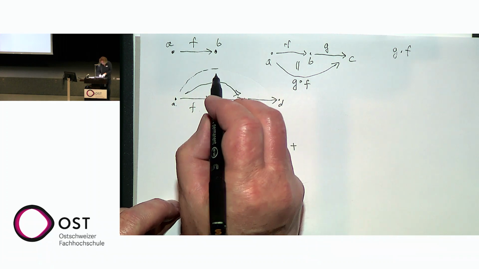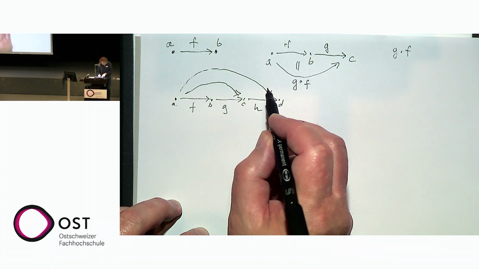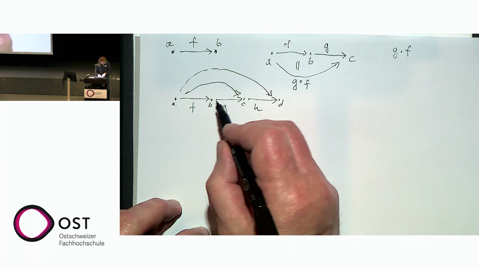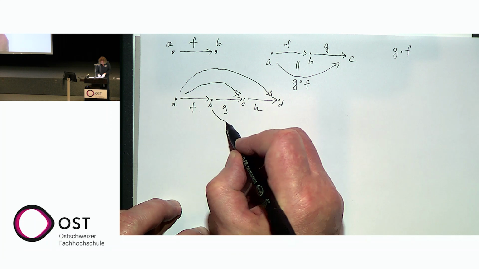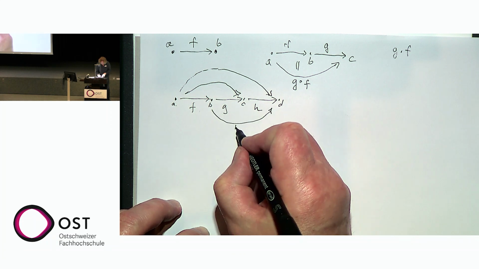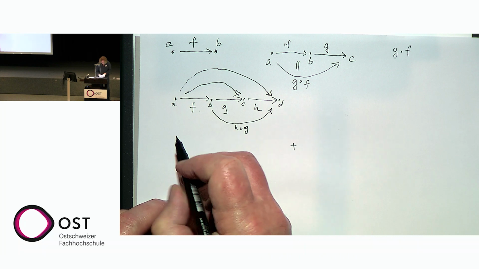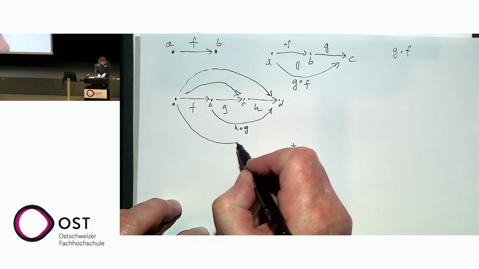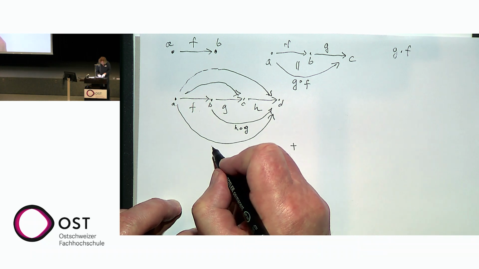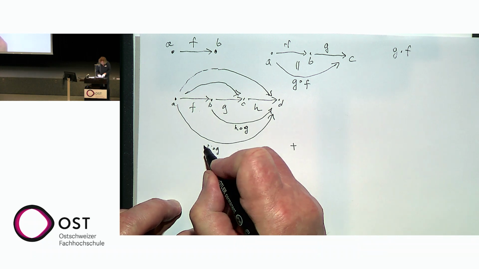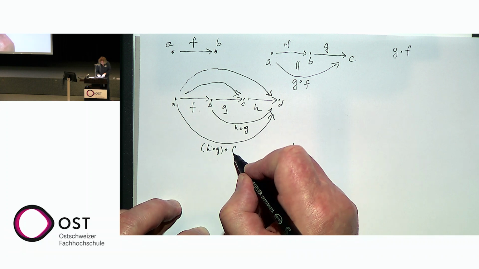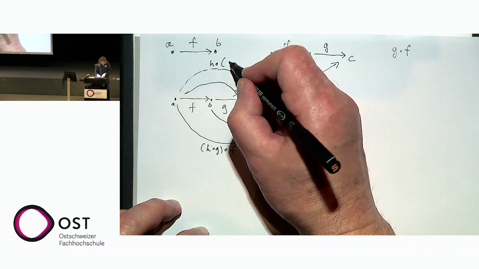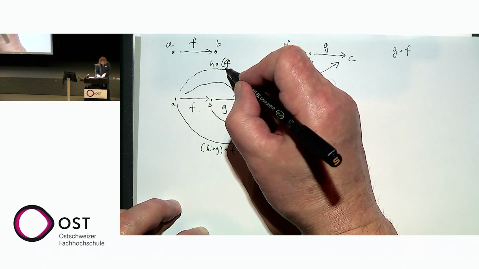So you can compose them to get this arrow. Or equivalently, you can compose these two last arrows, H after G, right? So this is H after G. And then now you have two arrows, F and this, and you can compose them, right? And you get H after G composed with F. And this one is H composed with F, G after F.